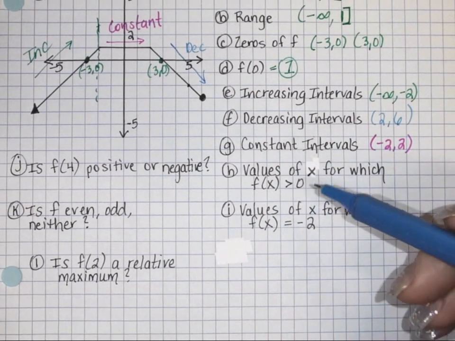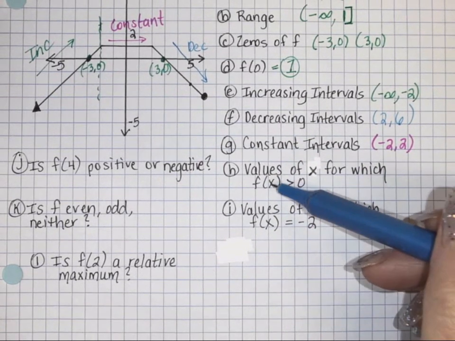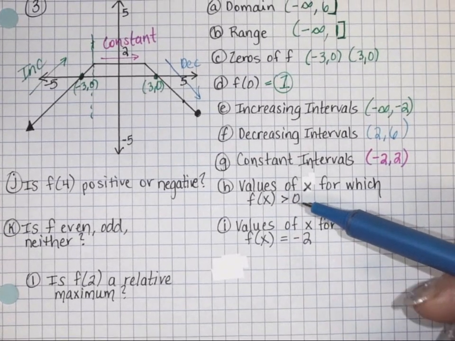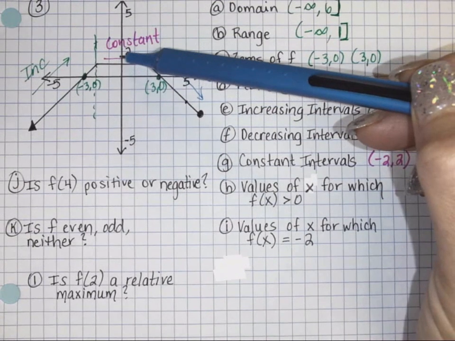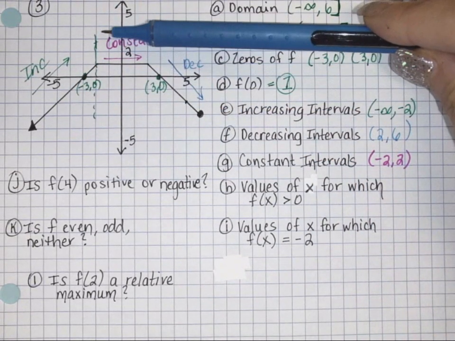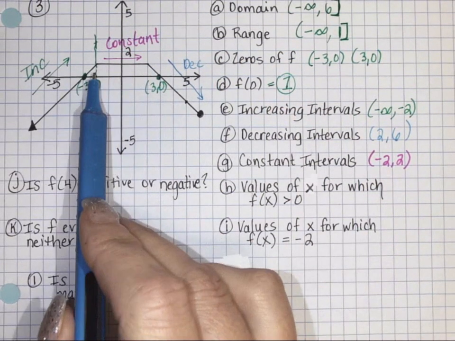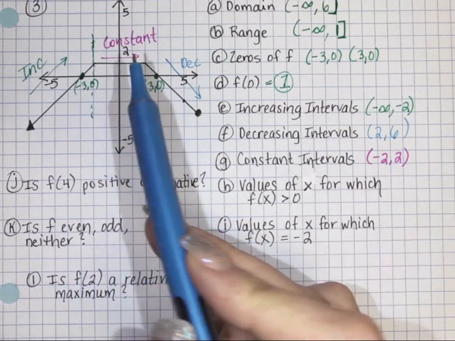So this is saying what part of your graph is y greater than 0? Well, we definitely know that above the x-axis, my y values are greater than 0. But what are your ranges of x values for that graph?